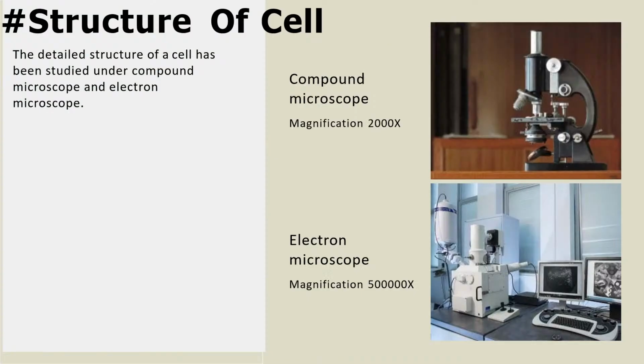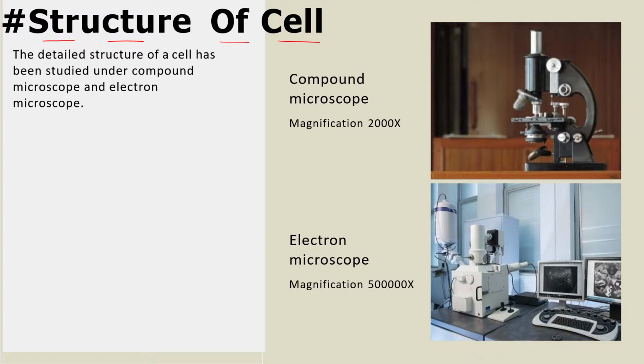Now to understand the structure of a cell, what do you need? You need a device which will help you view these cells, a microscope, isn't it? This microscope is going to help us in viewing the structure.